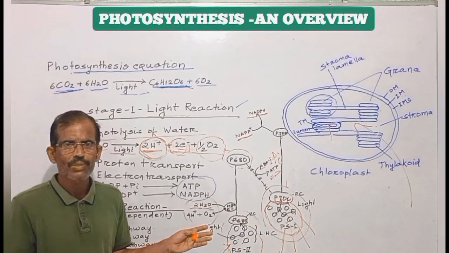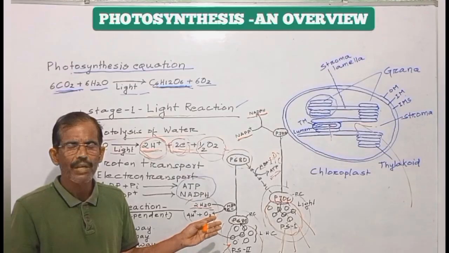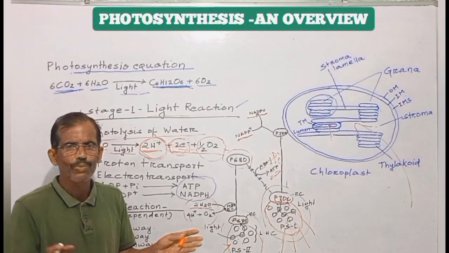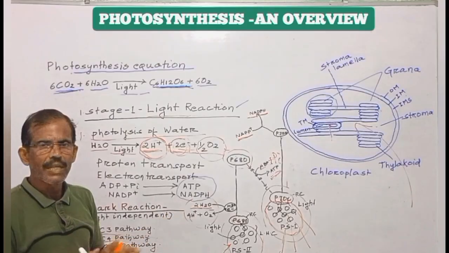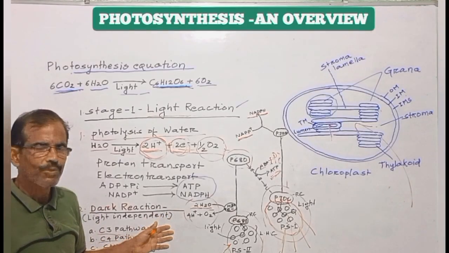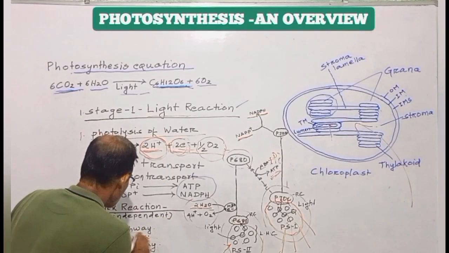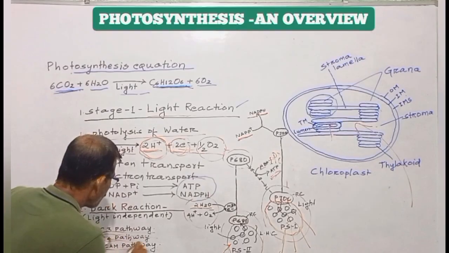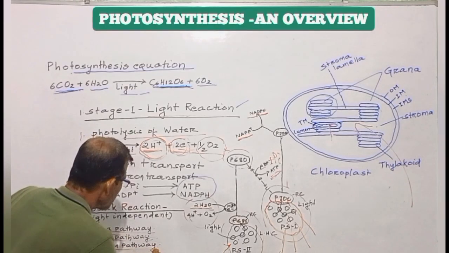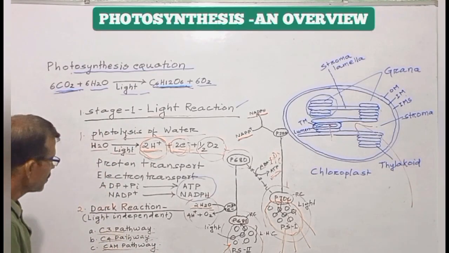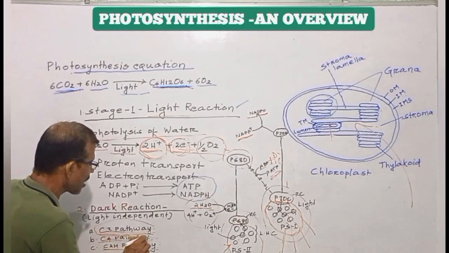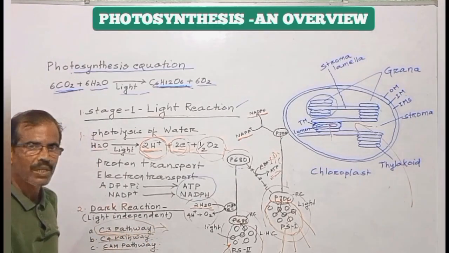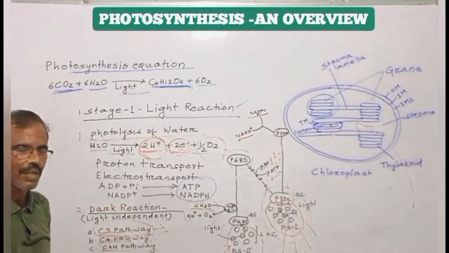In dark reaction, actually the carbon dioxide is fixed into carbohydrate. The dark reaction can take place by various pathways such as C3 pathway, C4 pathway and CAM pathway. C3 pathway is one of the most common dark reactions, also known as Calvin-Benson cycle.